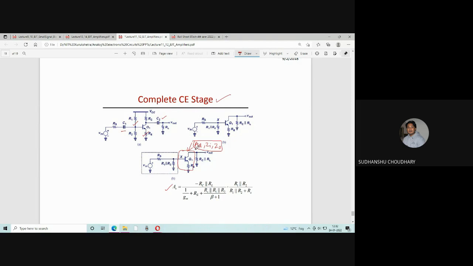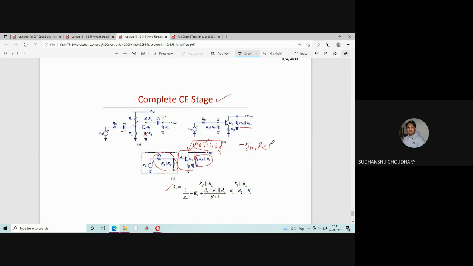and then modify these three parameters by connecting this portion. When we are calculating the input impedance, not parallel, in series it will come. Similarly, output impedance, whatever output impedance comes, we will connect this portion in parallel with the output impedance. Similarly, in gain, if I'm having minus gm RC in the gain, we have RL also here now.